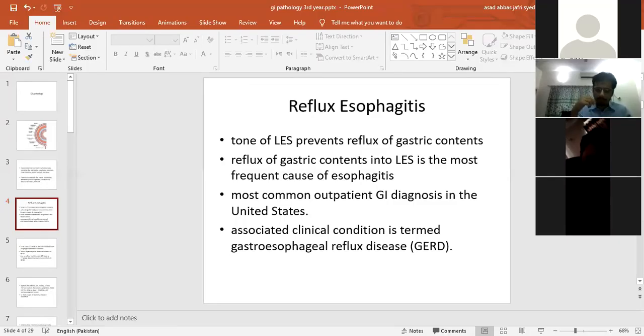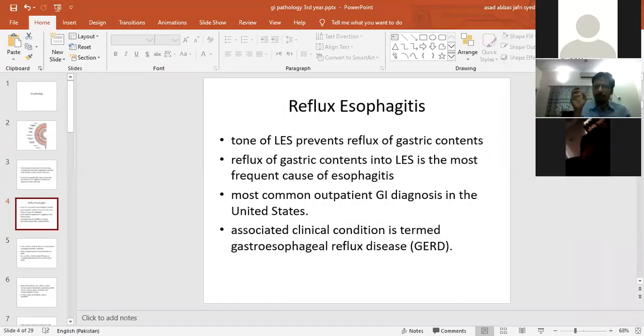And when this keeps on happening over a long and sustained period of time, it can cause damage to the epithelium of the esophagus. So what protects against this reflux is primarily the tone of the lower esophageal sphincter.